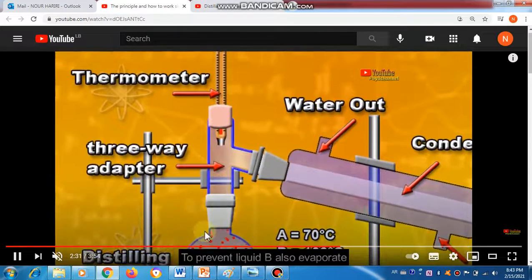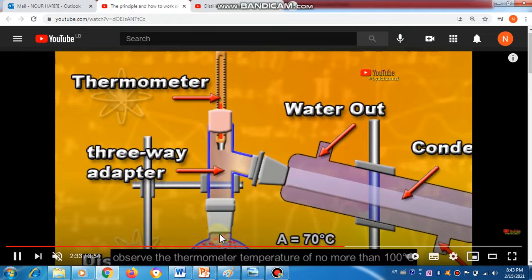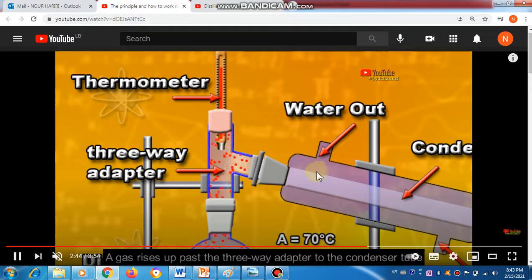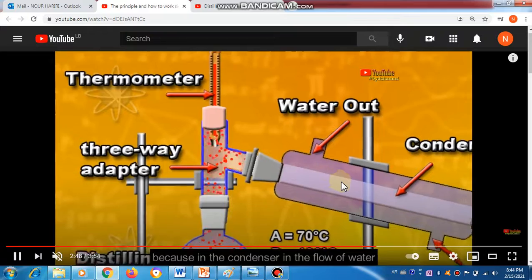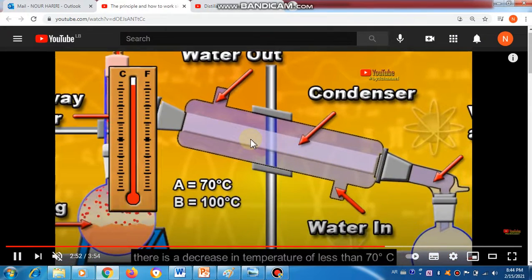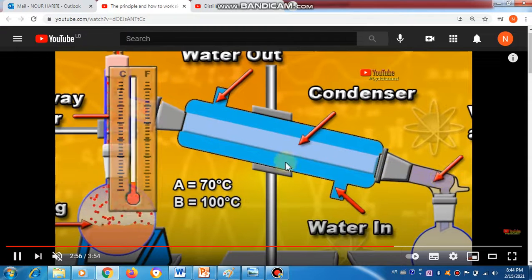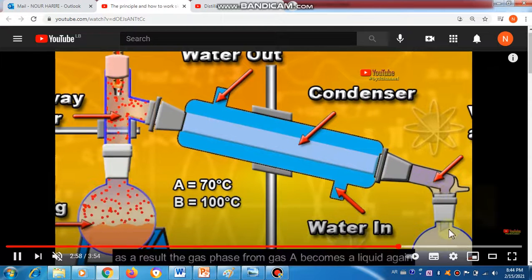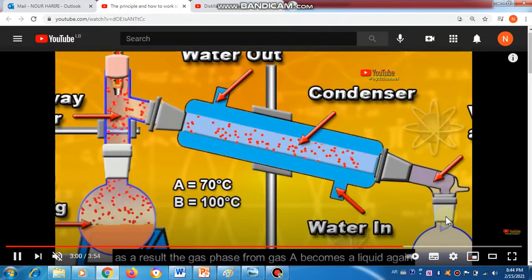It reaches the boiling point, it starts to evaporate, يعني the liquid A changes into gas. This gas flows up and reaches the condenser. This hot gas reaches the cold condenser, so it will change into liquid again. The liquid A will pass through the condenser and goes into the Erlenmeyer flask to be collected there.